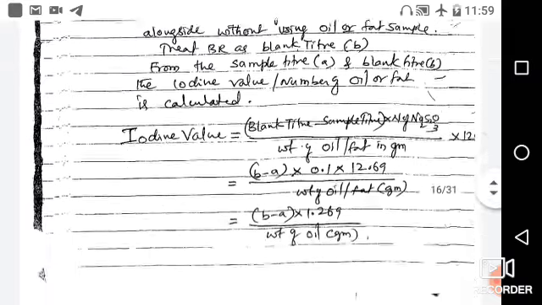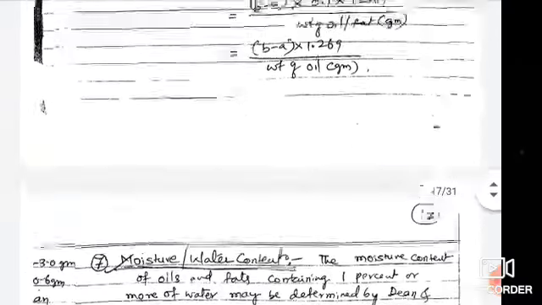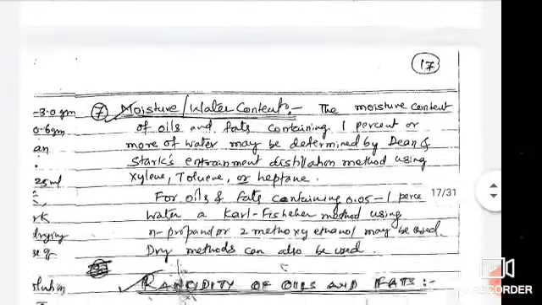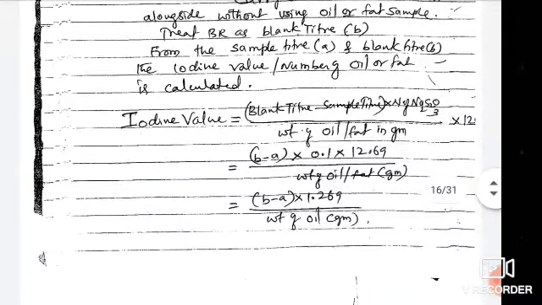So one can write this by simplifying as B minus A into 1.269 divided by weight of oil in gram. So in this way one can determine the iodine value of an oil or fat.